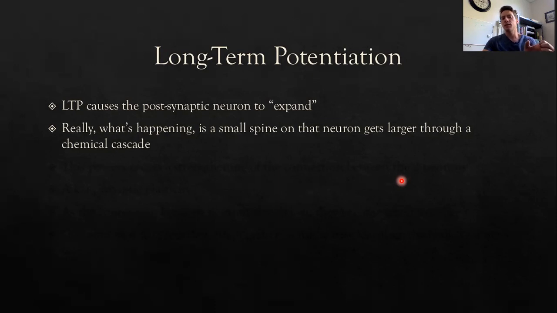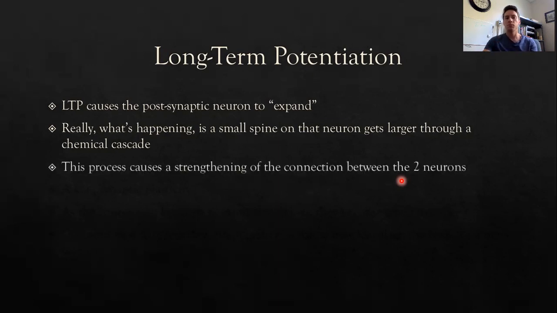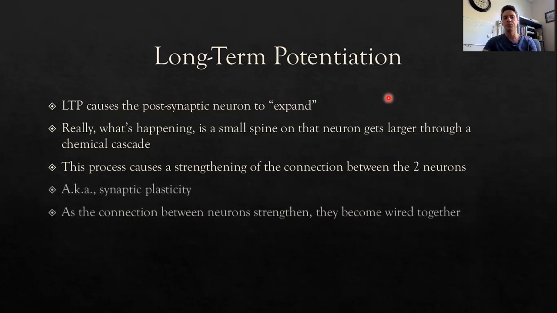And there's a small part of the postsynaptic neuron, called a dendritic spine, that actually gets larger through this cascade. So part of the neuron is growing, and this is causing a strengthening of the connection between the two neurons. So the connection is formed in the synapse, and these two neurons' respective connection is getting stronger because of this process of long-term potentiation, this chemical cascade.